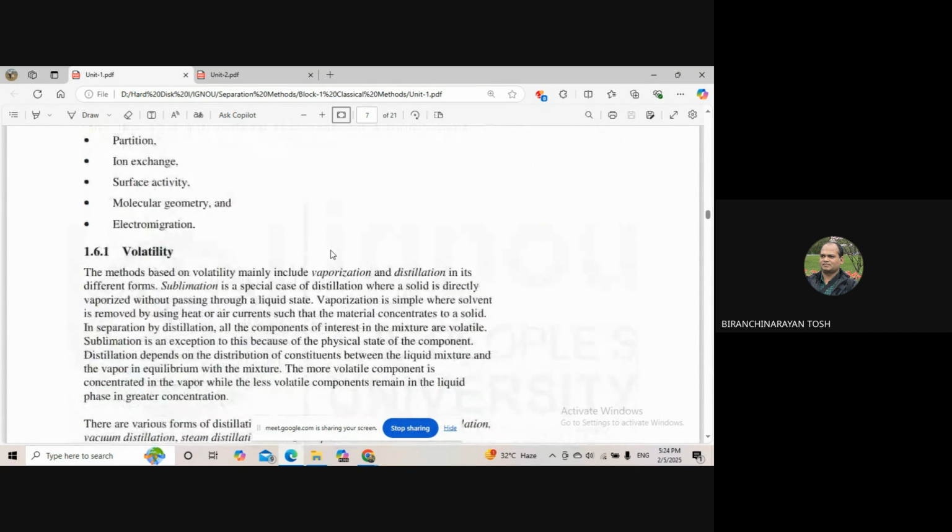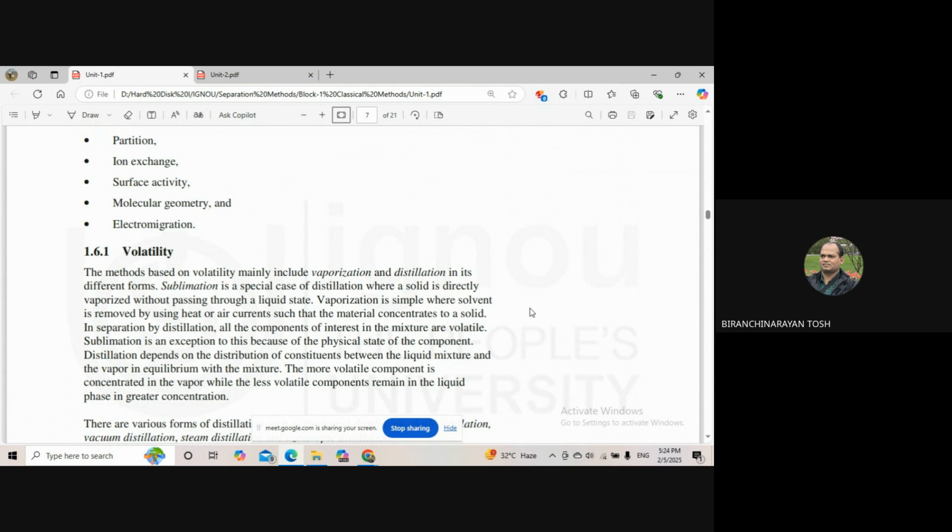So volatility means it depends upon the volatilization or volatility of the substance. The methods based on volatility mainly include vaporization and distillation, and also sublimation. Sublimation is a special case of distillation where a solid is directly vaporized without passing through a liquid state.